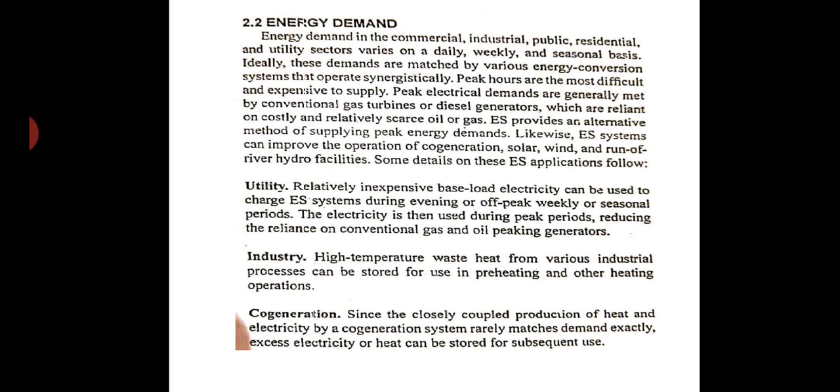Ideally, these demands are matched by various energy conversion systems that operate synergistically. Peak hours are the most difficult and expensive to supply. The peak electrical demands are met by conventional gas turbines or diesel generators, which are reliant on costly and relatively scarce oil or gas.